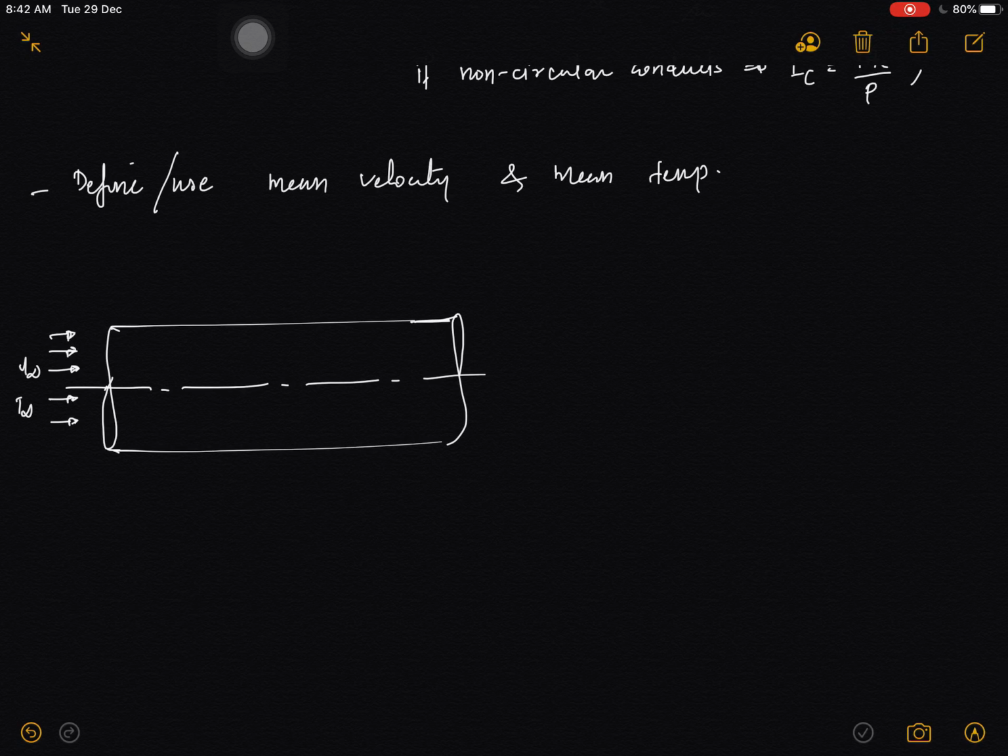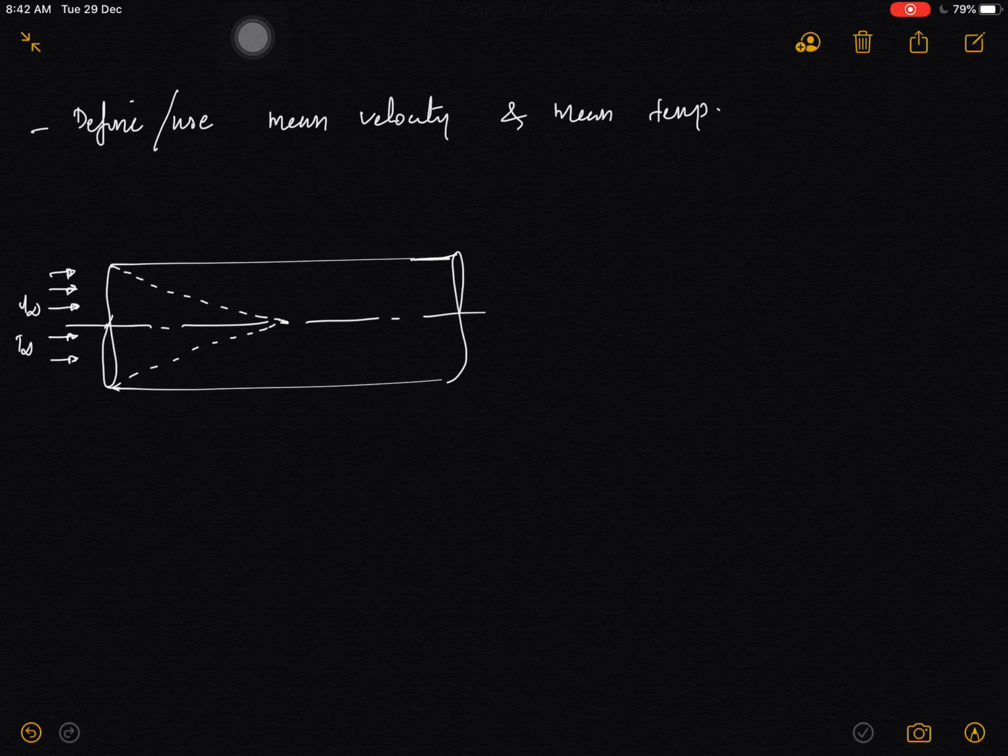There will be a difference in velocity between the wall and the fluid. At the wall there is the no slip condition, that is, the velocity will be 0 at this wall, and then from the wall the velocity variation occurs, and this variation is present up to the center line of the pipe.